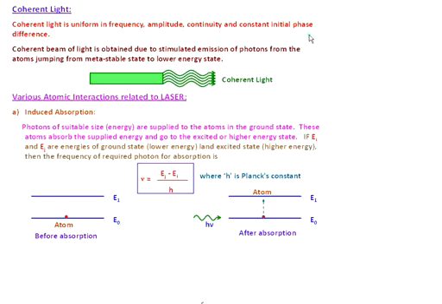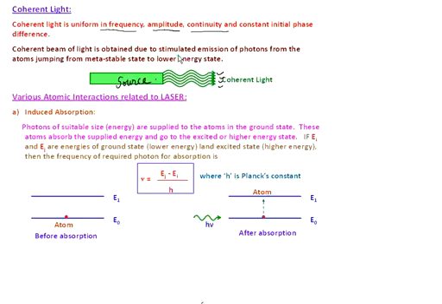The laser light is monochromatic, and sometimes known as coherent light also. What are the basic points if a source is coherent? Coherent light, as you know, has one frequency, constant amplitude, continuity and constant initial phase difference between the different waves emitted from the source.